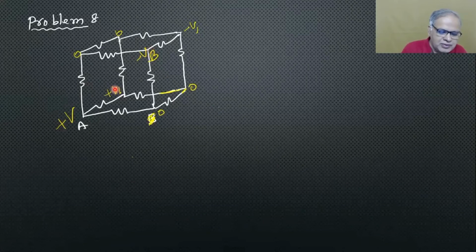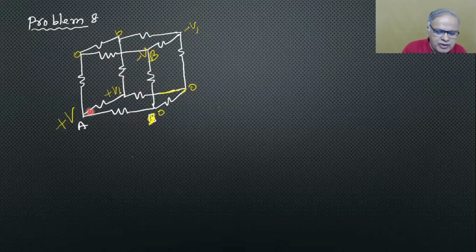I said this is plus V1, then I put minus V1. Is it okay? Because of this, since I can go from plus V1 to minus V1 through 0, I can put 0 here. Same thing I can do for this side and that side. This is the side we have between these 2 points.